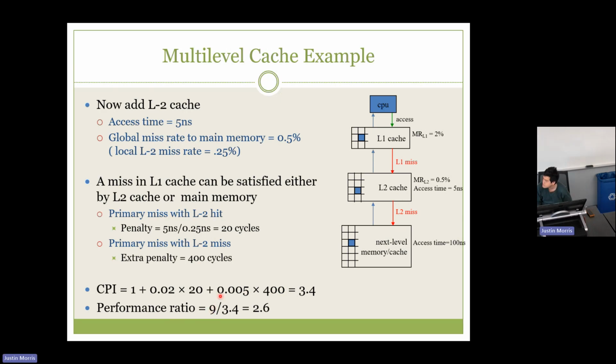So by reducing our overall, like our average, penalty, we have achieved a performance speedup of 2.6 times by adding this L2 cache. We see how to calculate penalty. We see how to get the increase in CPI given the miss rate and penalty. Okay.